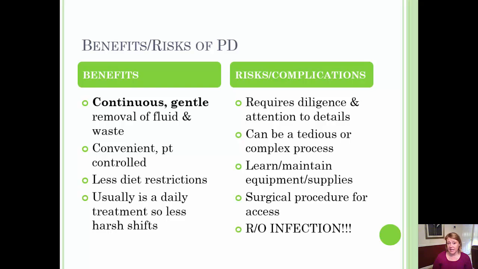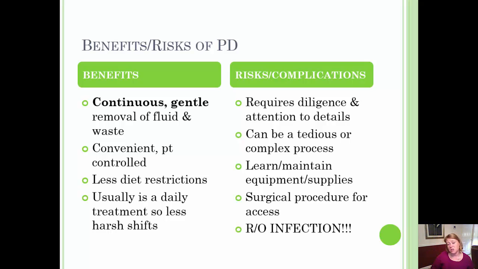There are often fewer diet restrictions associated with this type of dialysis because there is daily removal of toxins and buildup, whereas with intermittent hemodialysis, there are harsh drops in toxins. So the patient will need to monitor their intake of protein, sodium, and potassium because it builds over the course of a day or two, and then they have that dialysis treatment and those toxins are immediately removed.